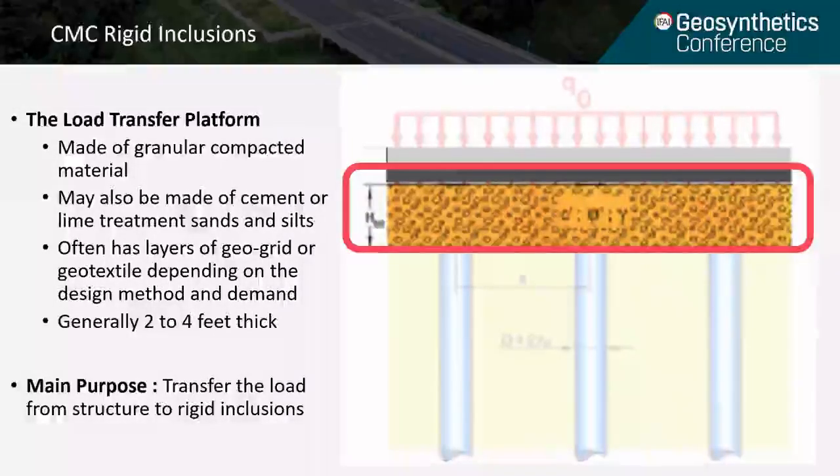The LTP often includes geosynthetic reinforcement, which can serve several purposes for the design depending on the situation. The geosynthetic can enhance stress transfer into the inclusions, improve global stability and bearing capacity, reduce the overall thickness of the LTP, and act as a lateral restraint for the system. And now Lilma's going to talk a little bit more about load transfer platforms and geosynthetics.